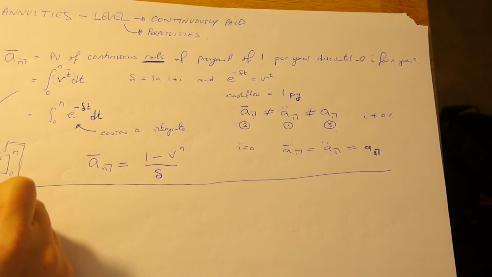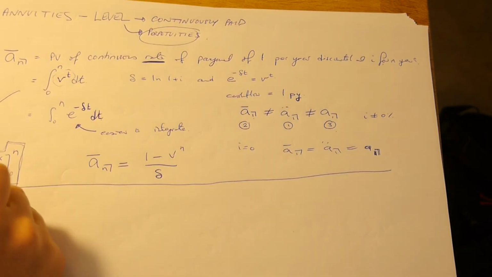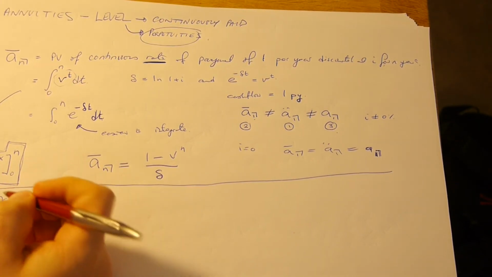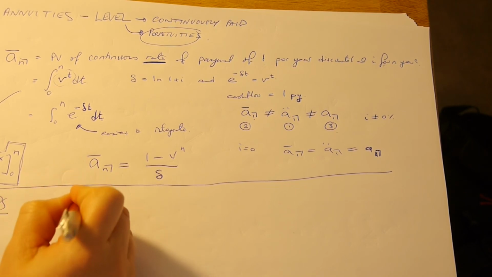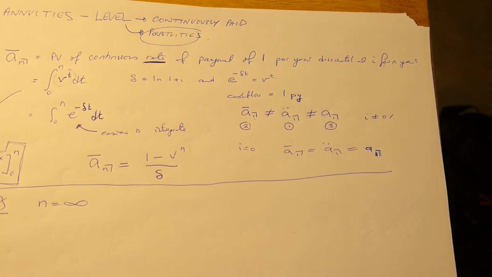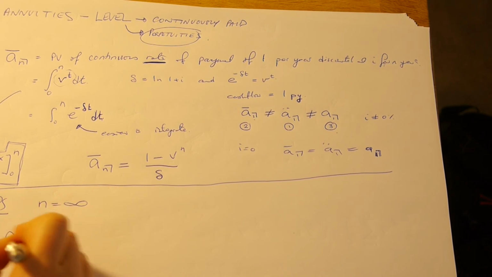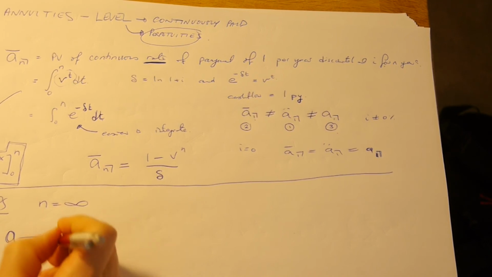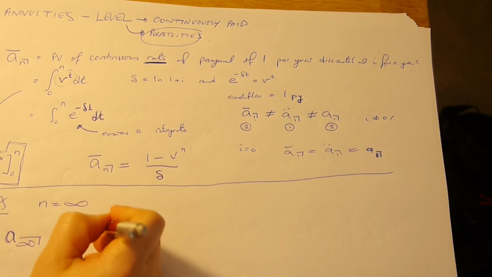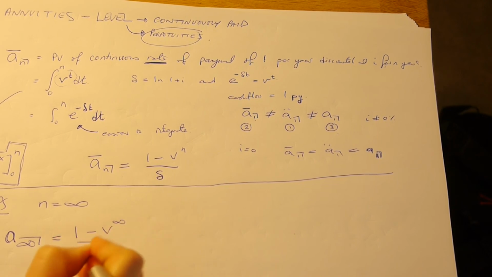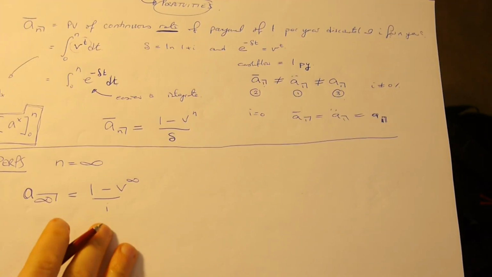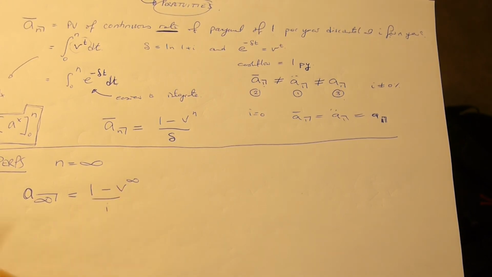One other thing I mentioned up here, perpetuities, so I'll call them perps for short. Here n equals infinity. So let's do an annuity paid in arrear for an infinite amount of time. We'll use our formula on that. You can see we've got that there.